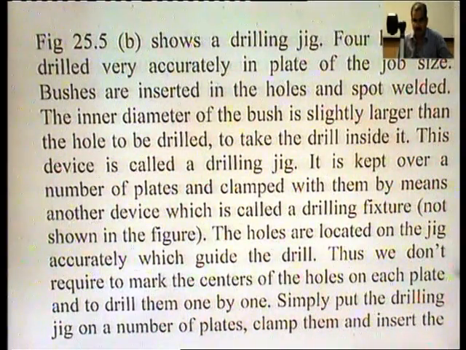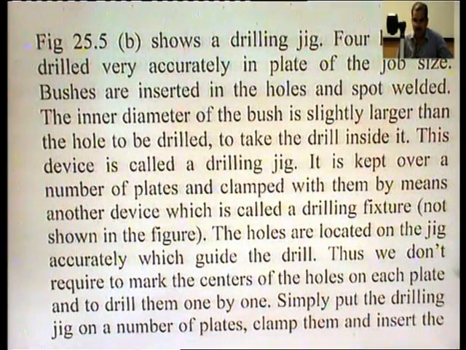It is kept over a number of plates and clamped with them by means of another device which is called a drilling fixture. The holes are located on the jig accurately, which guide the drill. Thus, we do not require to mark the centers of the hole on each plate and to drill them one by one.